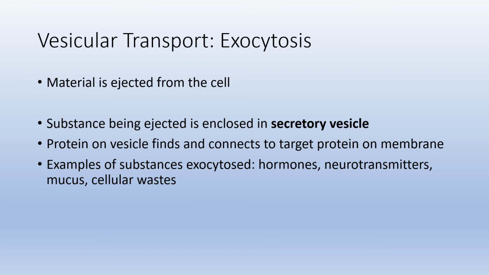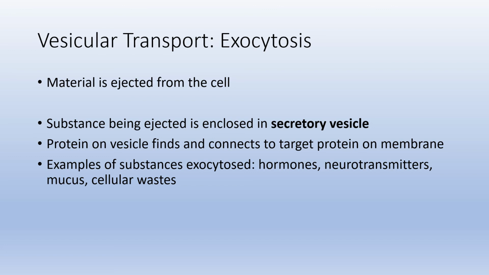Another type of vesicular transport is known as exocytosis. This type of transport occurs when we kick something out of the cell or eject it from the cell. So this is really the secretion of a substance from a cell. That secretion can be hormones, neurotransmitters, as well as mucus and cellular wastes.